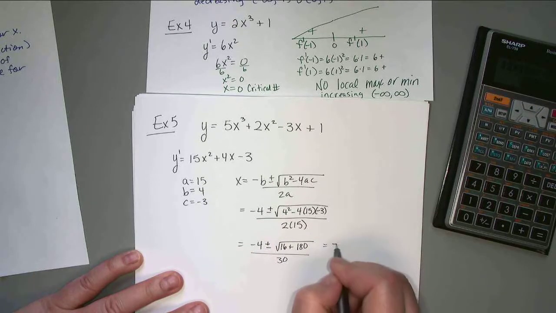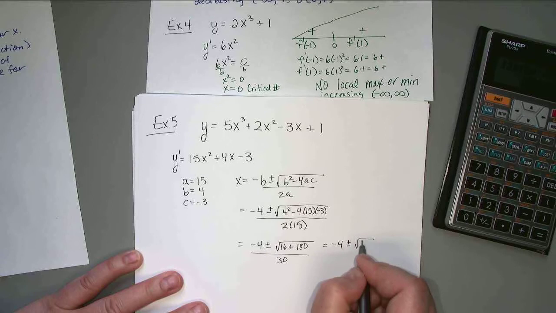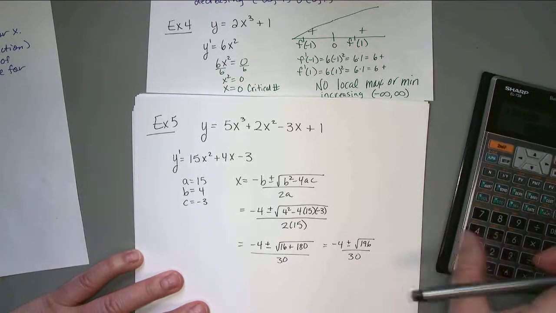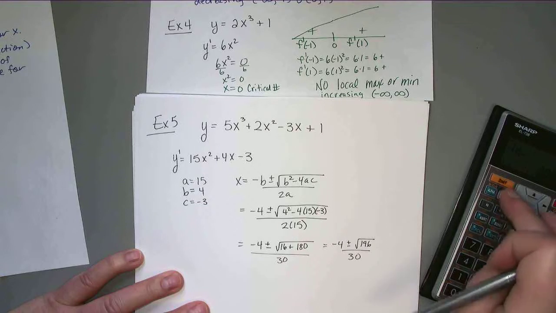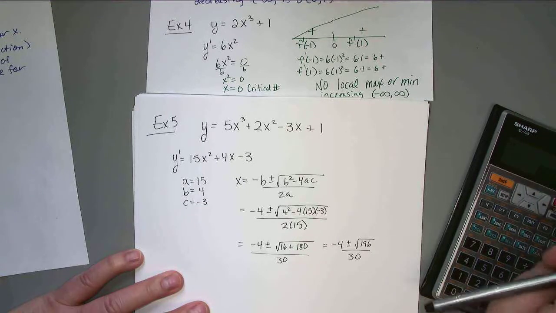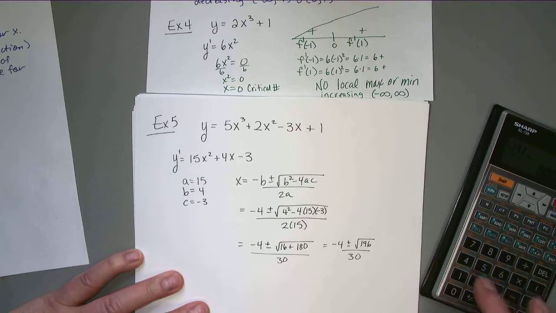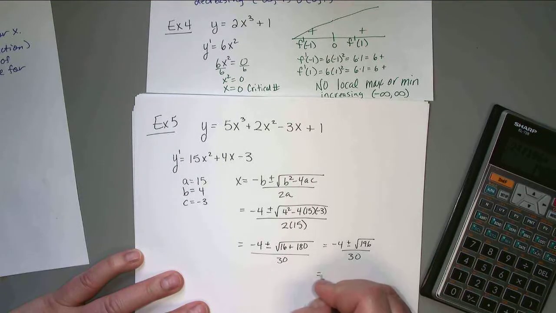So minus 4 plus or minus 196 over 30. Square root. And that's 14. So minus 4 plus or minus 14 over 30.